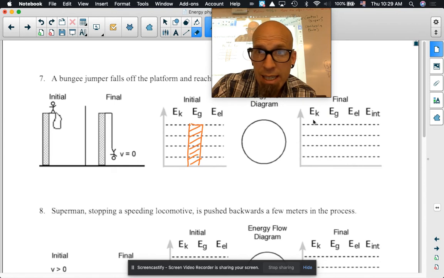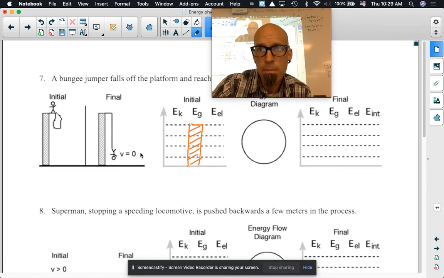We don't have any EK. Is there any gravitational? Well, technically yes, because the person's head is a little bit above the ground. And if the ground is our 0, then there's a little bit of gravitational that's left. Is there elastic? Well, yeah, now the bungee cord is fully stretched, max stretched.